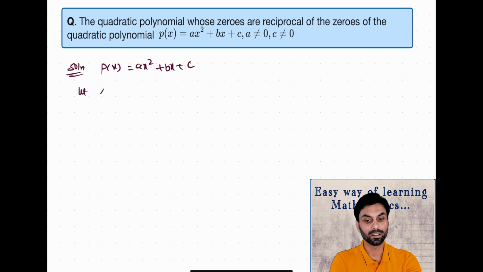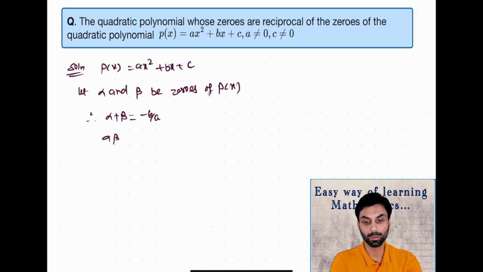Let alpha and beta be zeros of p(x). Therefore alpha plus beta is minus b upon a and alpha into beta is c upon a. Now we have to find the polynomial whose zeros are reciprocals of zeros of this polynomial.